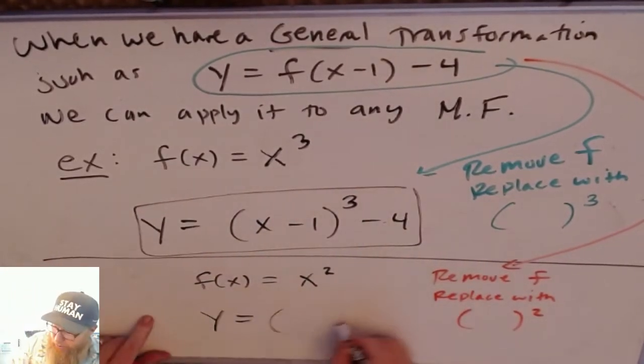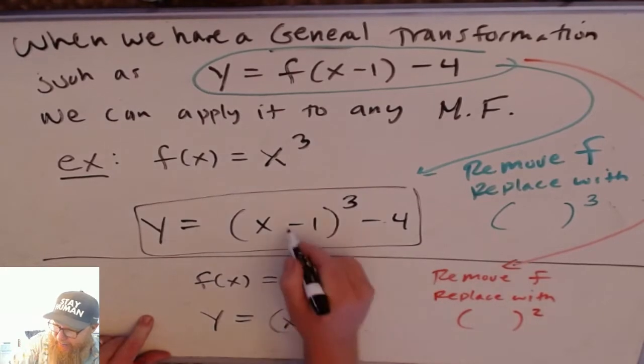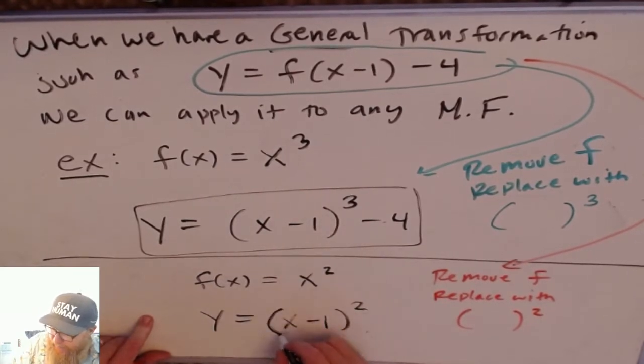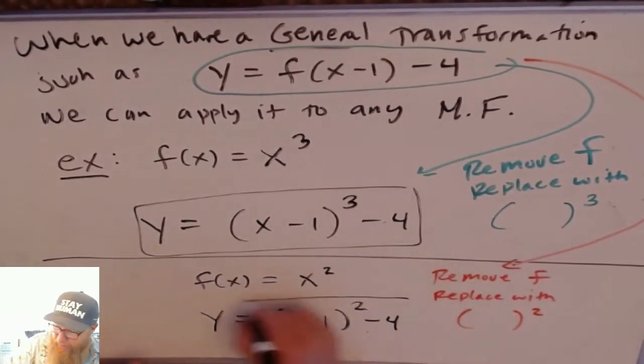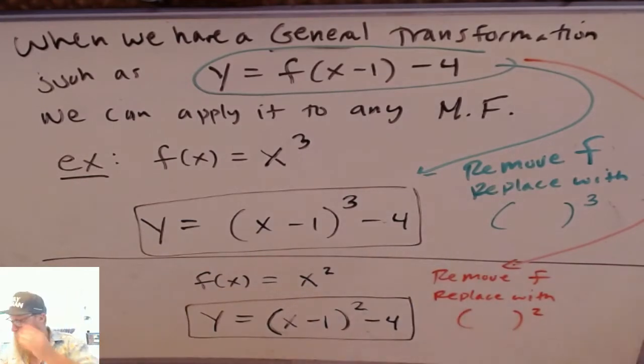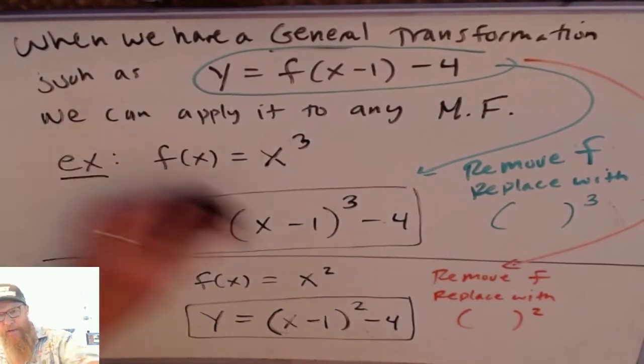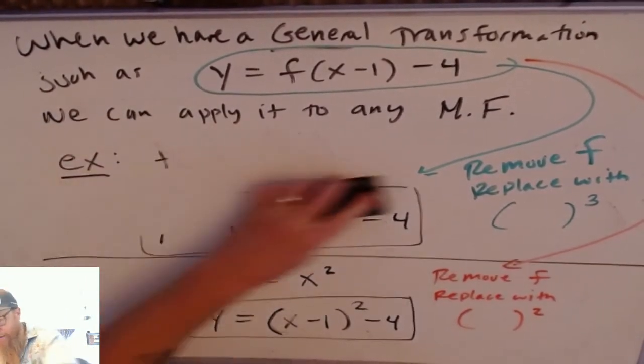So that would be quadratic squared, and then keep everything else the same, x minus 1, and then minus 4. So that's 3 of them. Let's do the other 3.